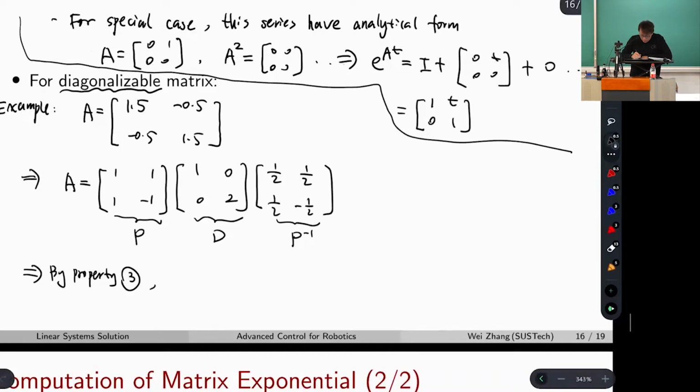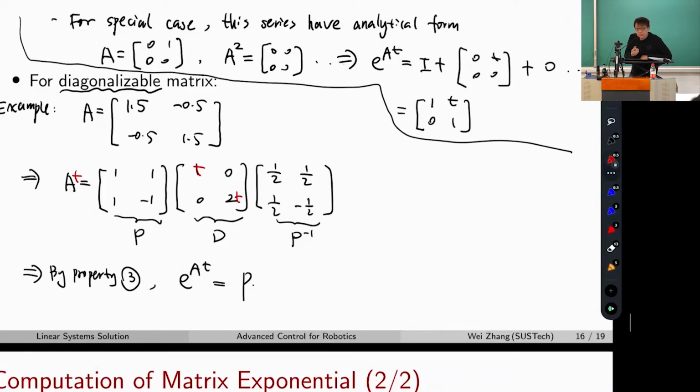So in this case, by our property 3, we know e to the At equals P times e to the Dt. Let me do this one: Dt will be equal to [1, 0; 0, 2] times t, so t and 2t.